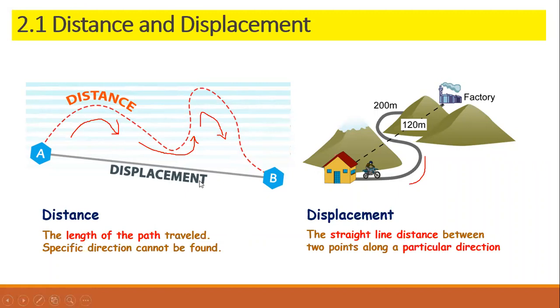It doesn't have a specific direction, but displacement has a particular direction, maybe to the west, to the north side, or at a few different degrees of angle from one direction to another. In distance we have only a magnitude, but in displacement we have both magnitude and direction.